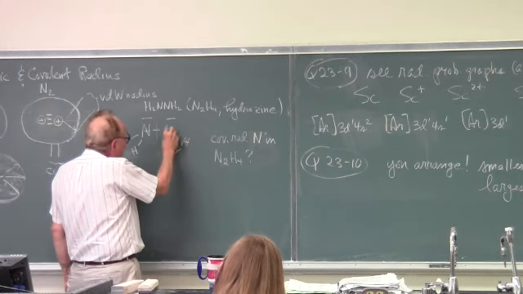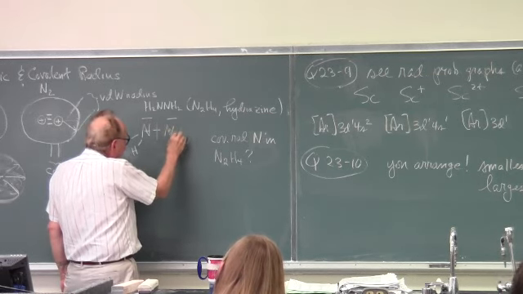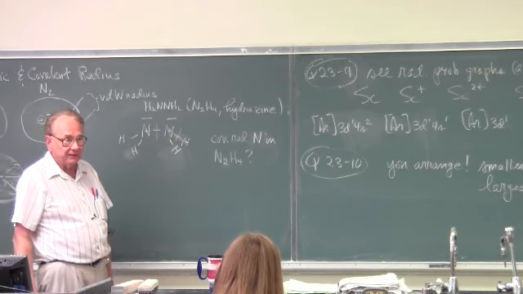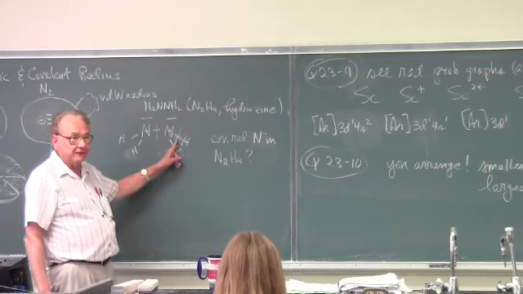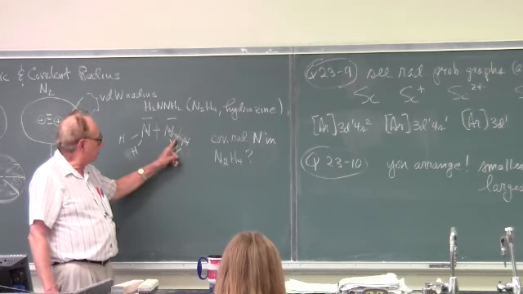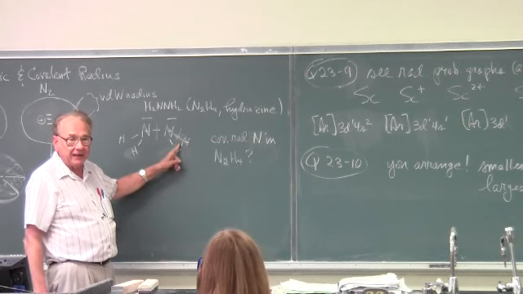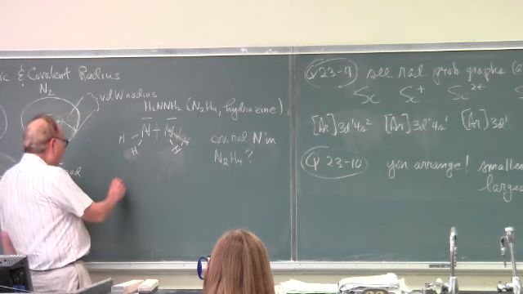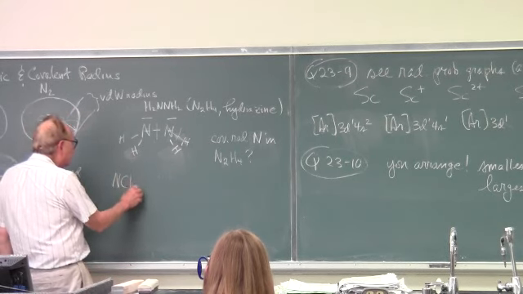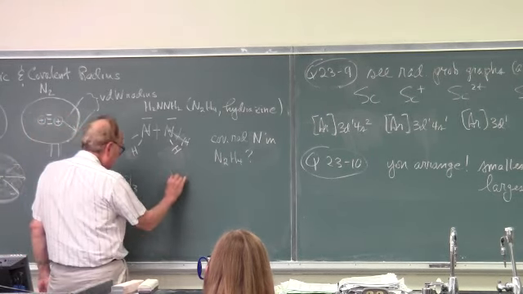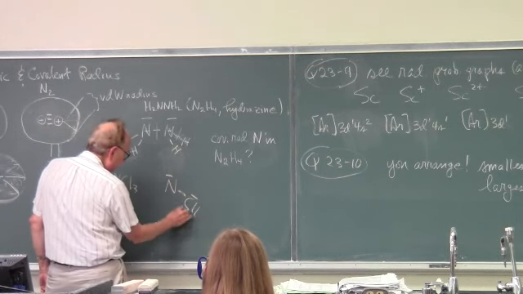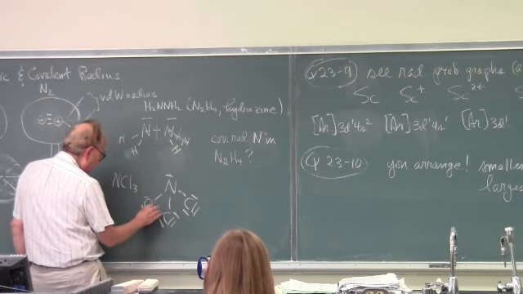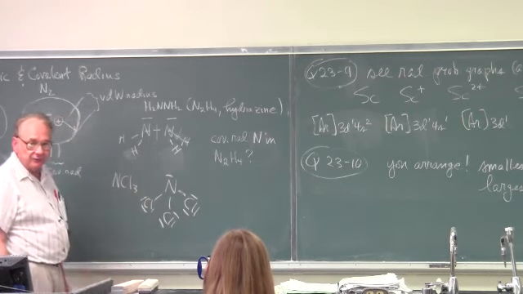I mean, if I just connect the nuclei and I divide this by 2, I know that hydrogen is a good deal smaller than nitrogen. So that's not really a fair assessment of the size of nitrogen, because this would correspond to hydrogen being too big and nitrogen being too small. But what else can I do? If I look at the size of a nitrogen atom in the NCl3 molecule, how does a chlorine atom size-wise compare to nitrogen?